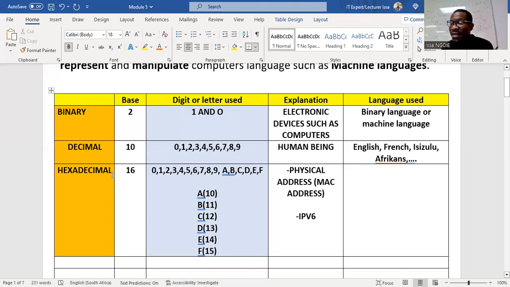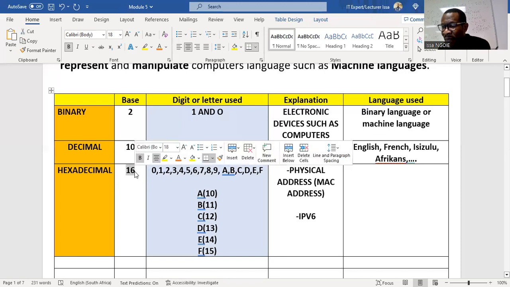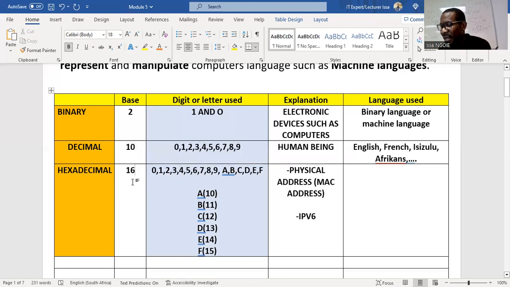There is also what we call the hexadecimal. The hexadecimal is base 16, right? Base 16 has 0, 1, 2, 3, 4, 5, 6, 7, 8, 9. From 10, number 10 is represented by A, number 11 is represented by B, number 12 by C, number 13 by D, number 14 by E, number 15 by F. So the hexadecimal system has 16 characters, right?